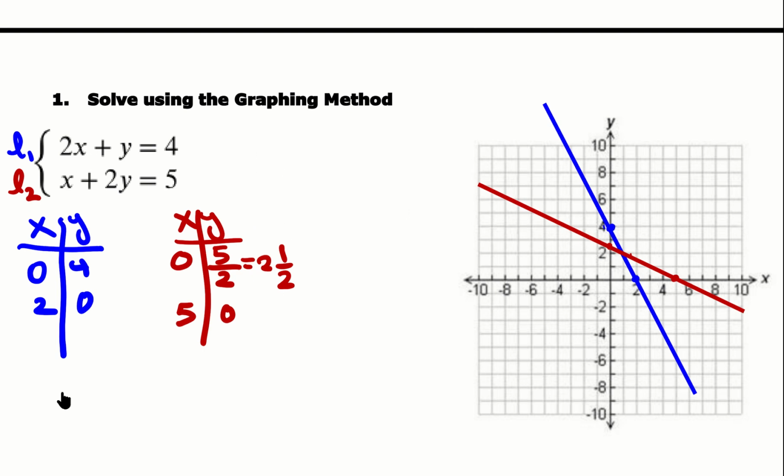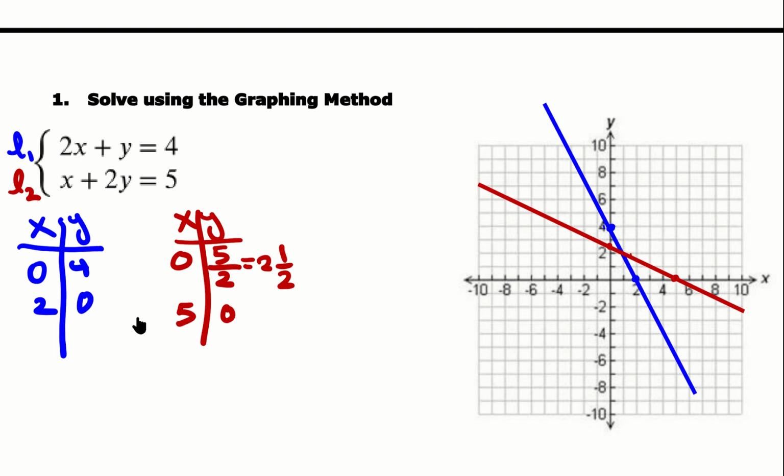So we'll go ahead and use this blue table for L1, and we'll use the red table for L2. So notice the easiest way to get those points is just to let x be 0, find out what y is going to be, and let y be 0, find out what x value you'll need.